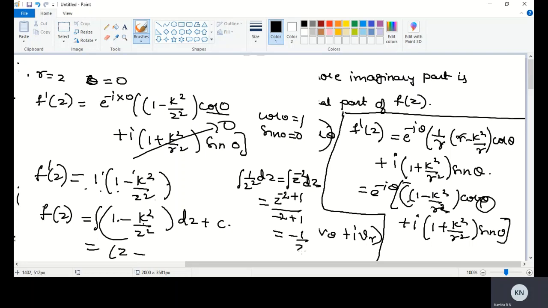Already a minus is there, so minus into minus gives plus k square by z, plus c. So f of z is z plus k square by z plus c.